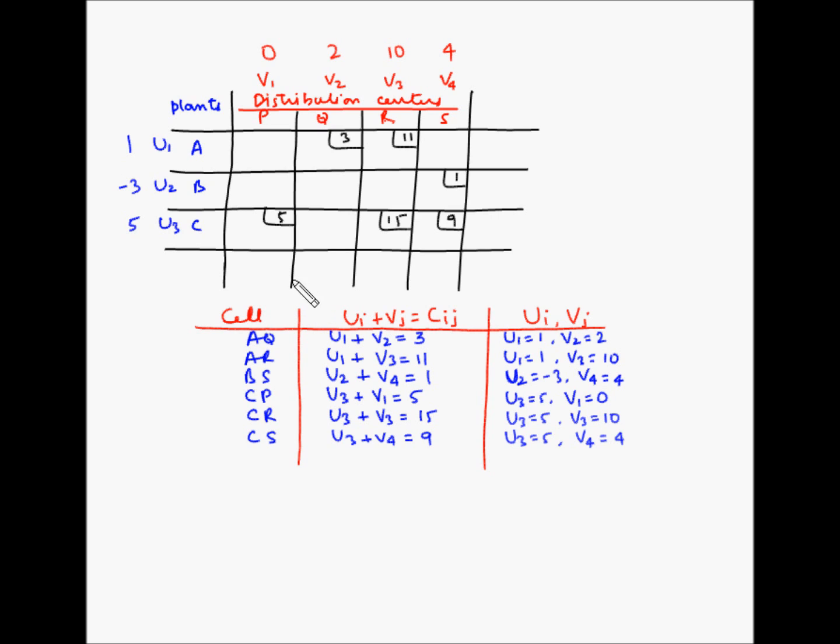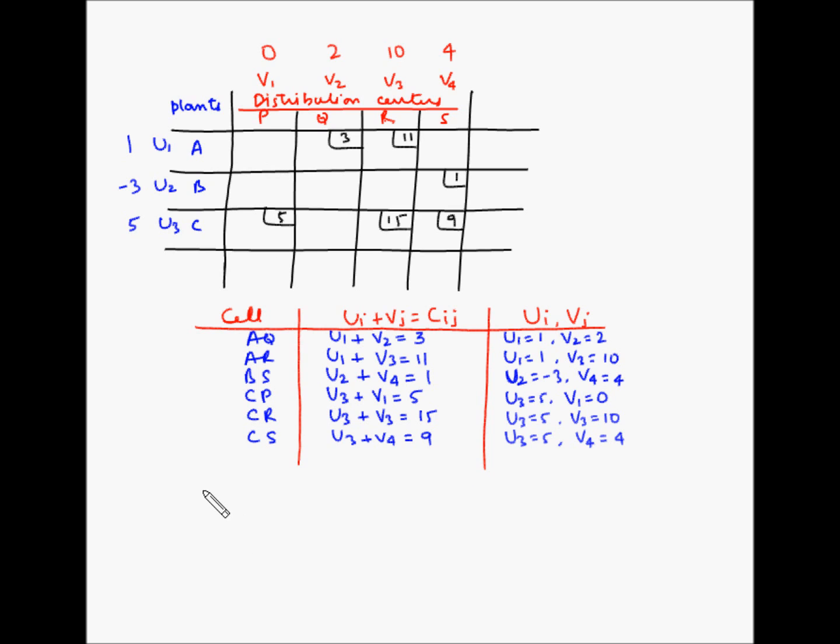Now in this step we calculated the values of Ui and Vj using the stone squares, that is the squares which have an allocation. Now the next step is to calculate the net cost change for each water square, that is the squares which do not have any allocation.